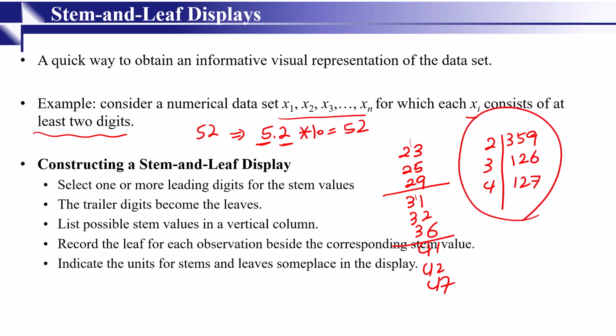So this is a stem and leaf display. The stems 2, 3, 4 represent the tens place, and the leaves like 3, 5, 9 represent the ones place. This method helps in visualizing the distribution of data efficiently.